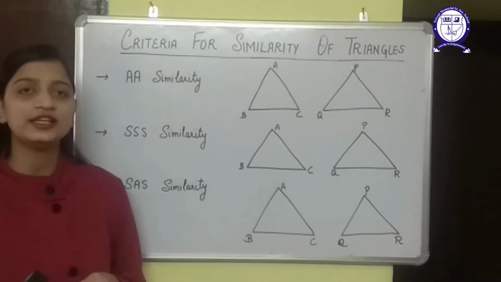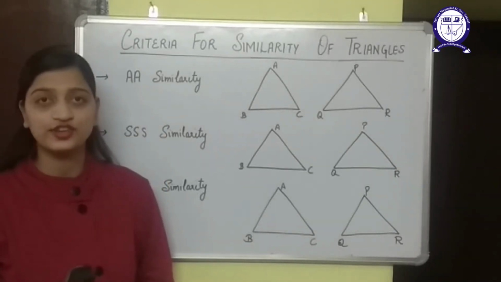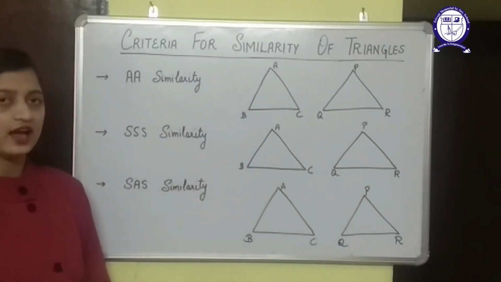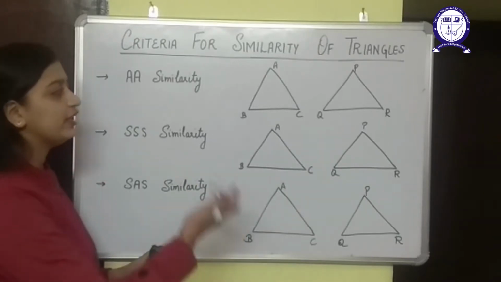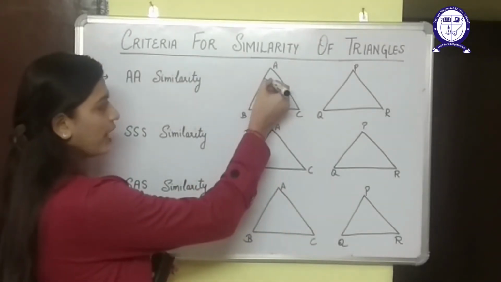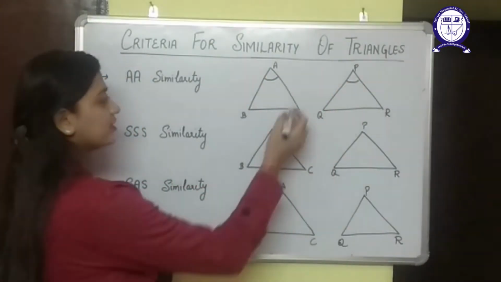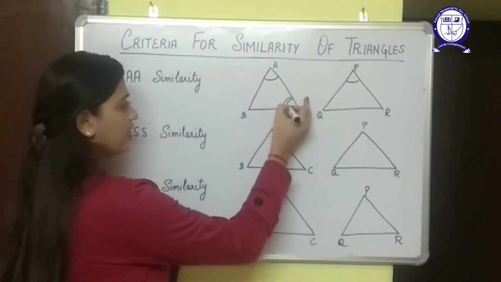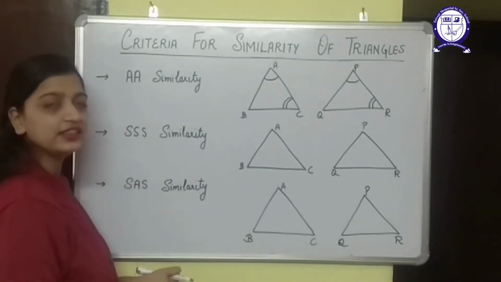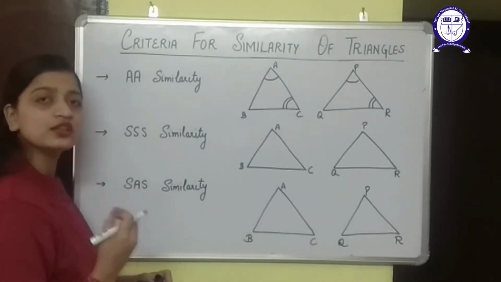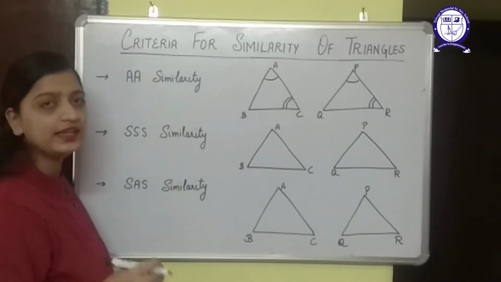Now by the name you can easily see that this similarity criteria is concerned with the angles of the triangle. So in this criteria we talk about 2 angles of the triangle. Suppose in any figure we have 2 angles, suppose this is angle A and this is angle P, and the second angle is this angle C which is equal to this angle R. Then we can say that these 2 triangles are similar to each other by the angle similarity criteria.